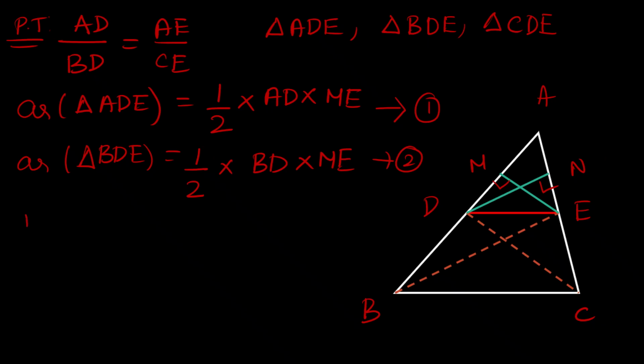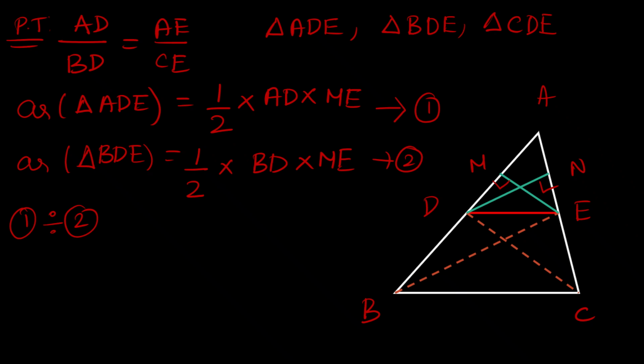When I divide 1 and 2, what am I going to get? Half and half will get cancelled. ME and ME will get cancelled. AD by BD. We got the RHS of the proof.